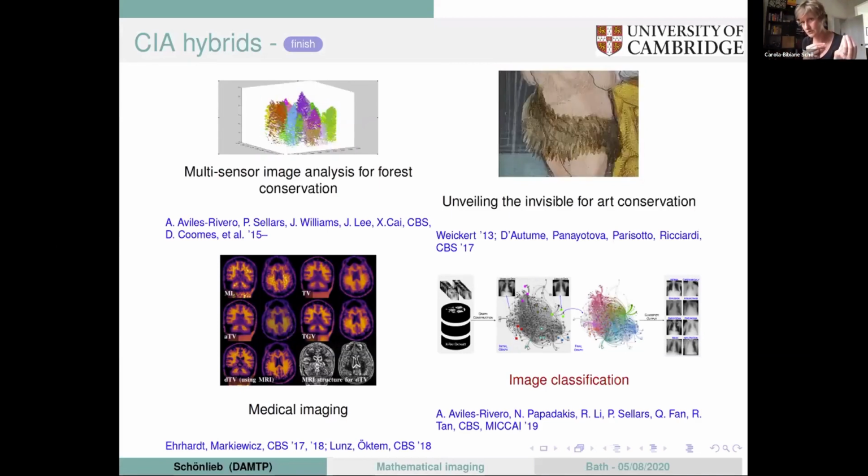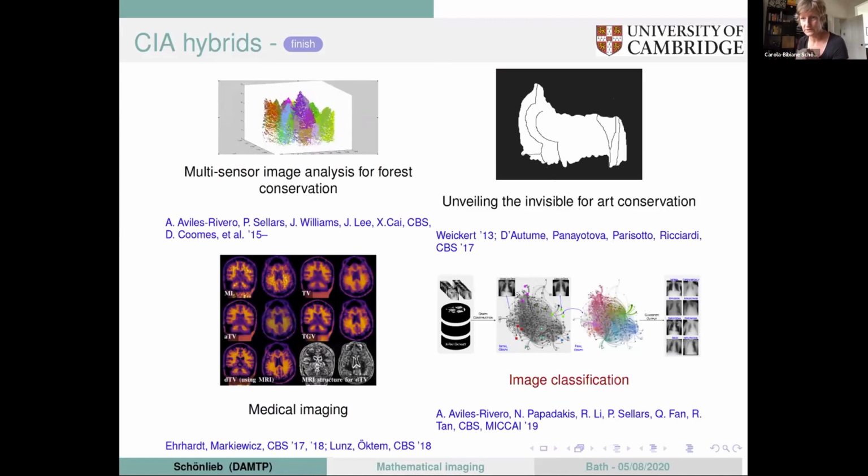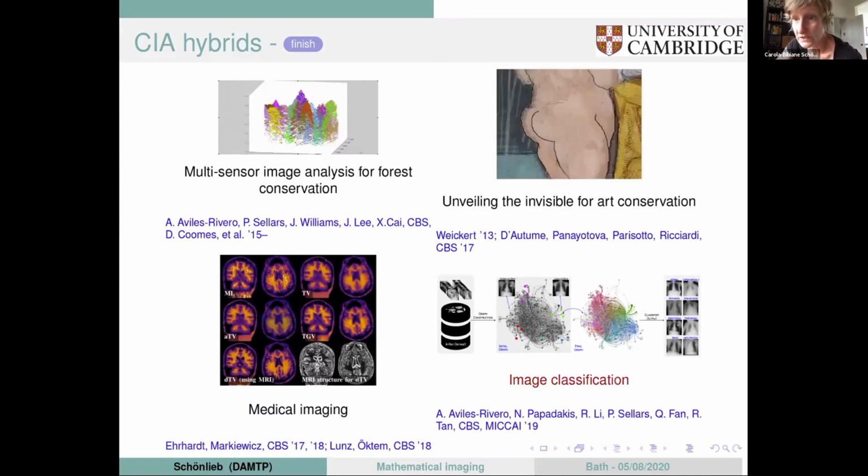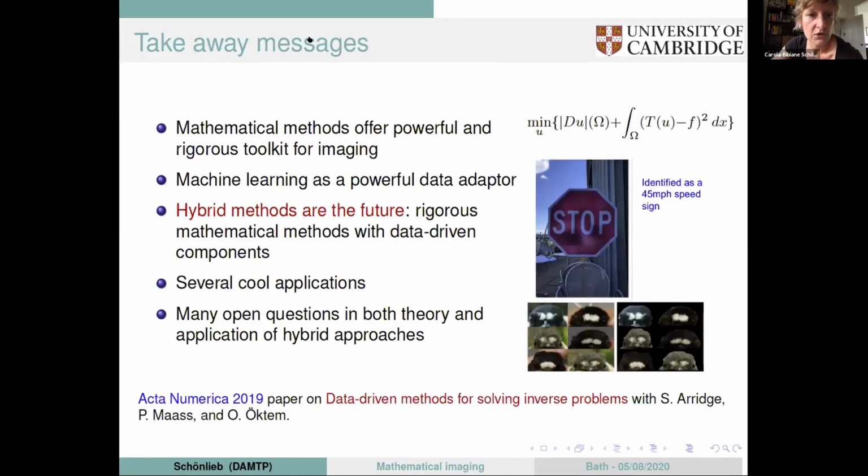So you have a small proportion of labeled data together with a model that propagates these labels to all the unlabeled data points. And again, this actually paid off quite nicely because you can do this with a very small number of annotations.